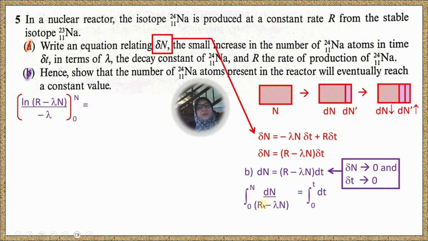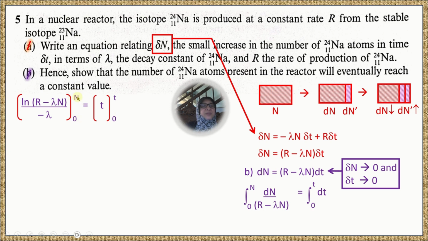So we use the log rule. For the n here, the coefficient is negative lambda, so we divide by negative lambda. Lambda is the decay constant. On the right side, the integral will become t from time t to 0, and the left side n to 0.